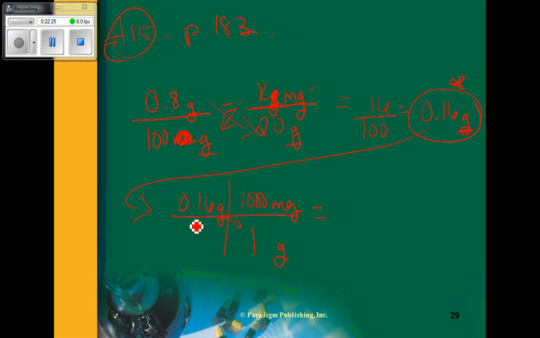So you take the 0.16 times 1,000, it's going to be 160 milligrams, divided by 1, which gives your answer 160 milligrams. So your answer is in milligrams now. Okay, so you can convert at the end if you forget. I usually find it easier to convert at the beginning, but it's up to you. Do what's easiest for you.